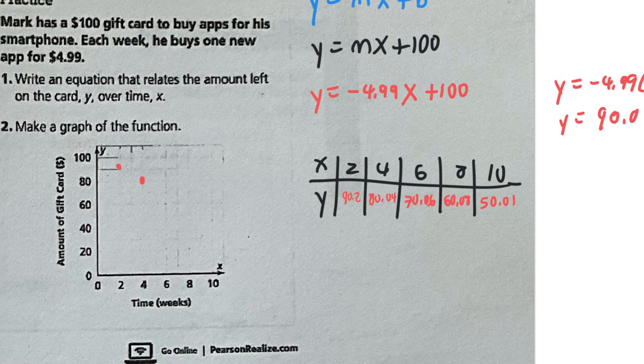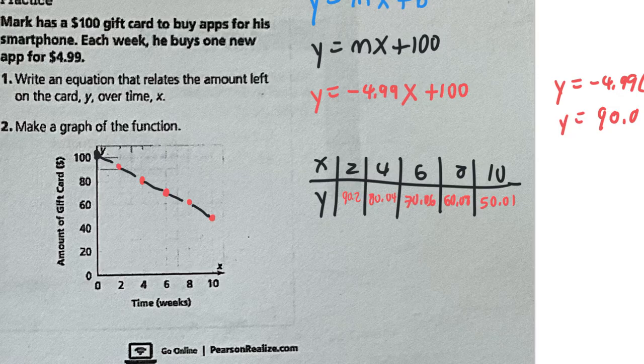So that is going to be here-ish. 8 comma 60.08. Clearly that's right here. And finally 10 comma 50.01. And obviously that's going to be right around there. And also we started at 100. So the line, if we're going to graph it as a line, would look like that.